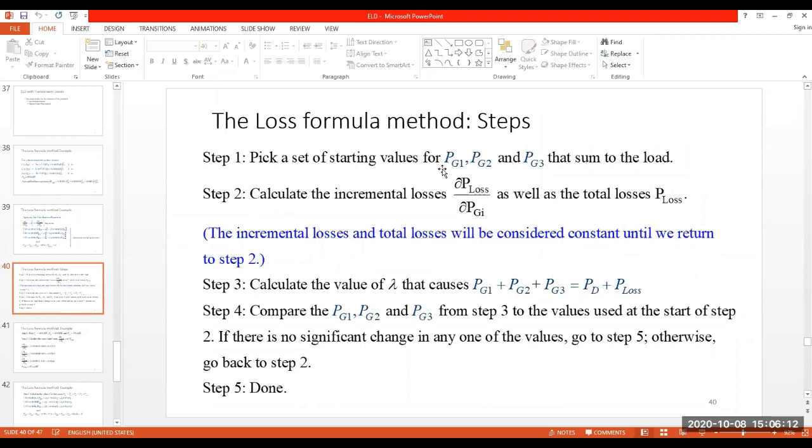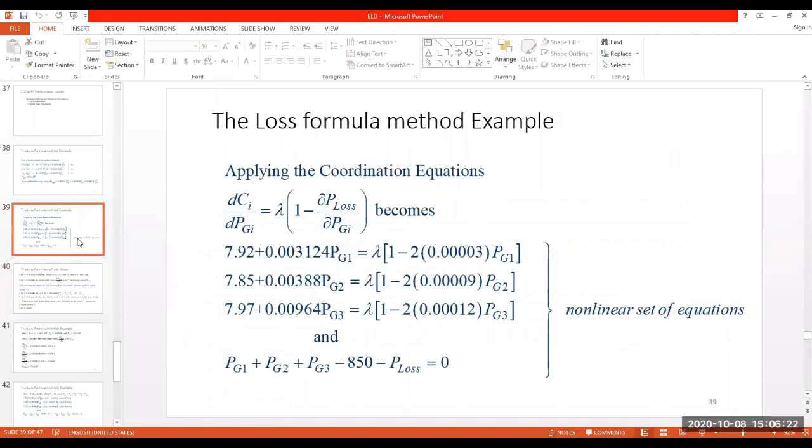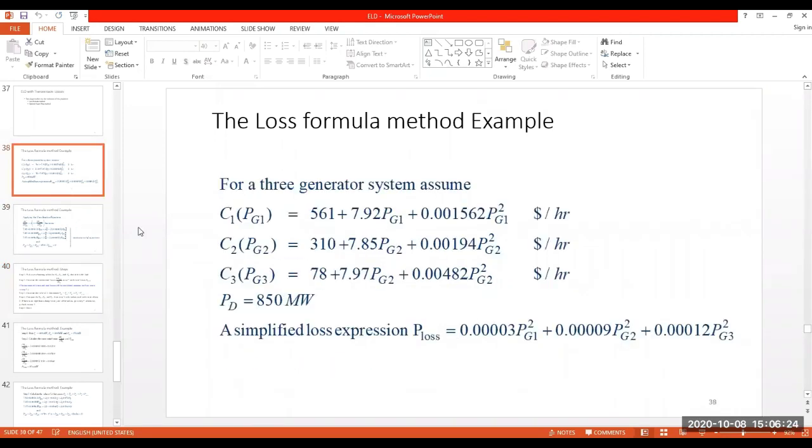So now, because you have guessed the values of PG1, PG2, and PG3, you have the guess available. Simply you can calculate dP_loss by dPGi, because P_loss is a function of PG1, PG2, and PG3. Now you can calculate dP_loss by dPG1 and put the assumed value for PG1 there.